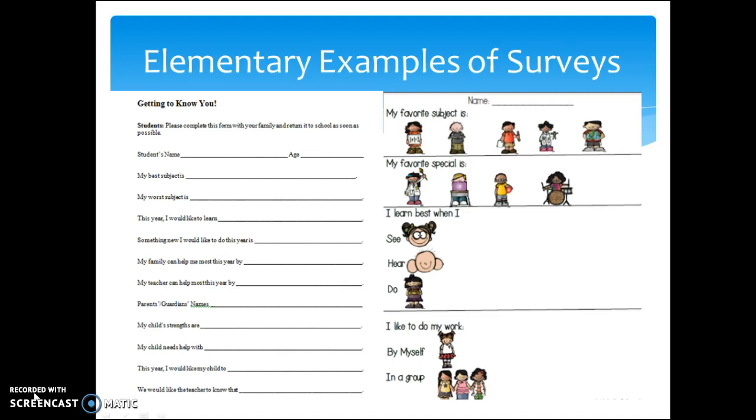I've also included a picture survey for the lower grades. As the students complete them, you should be taking data from them and seeing what students are interested in and how they like learning. That way, your lessons are more engaging.